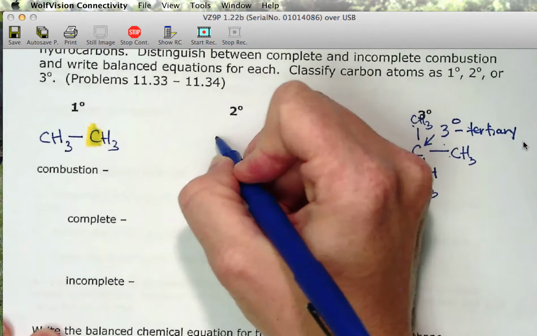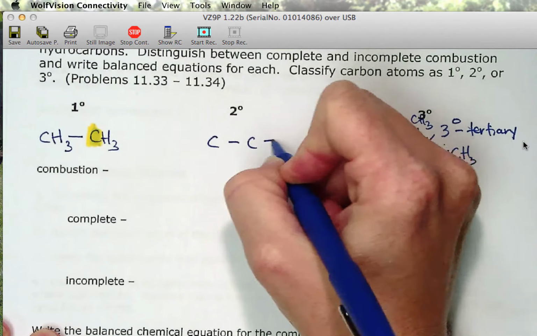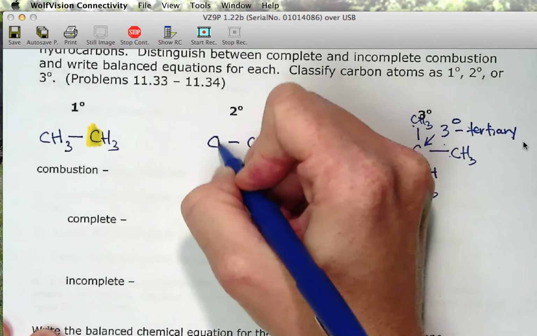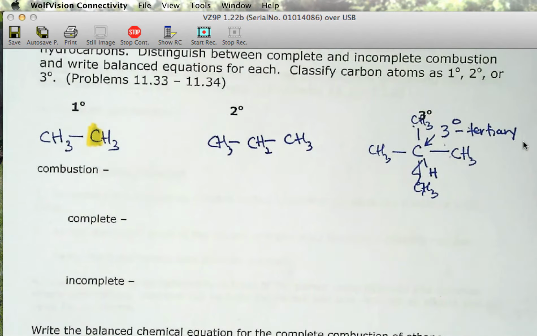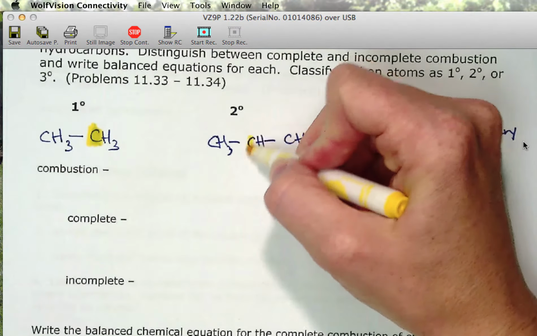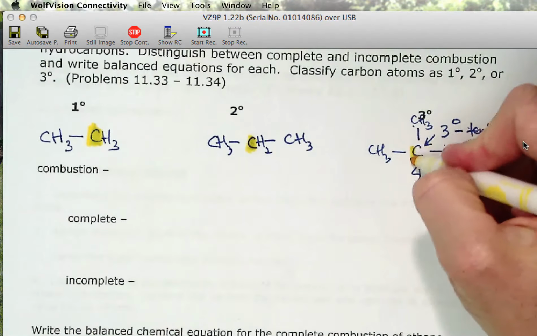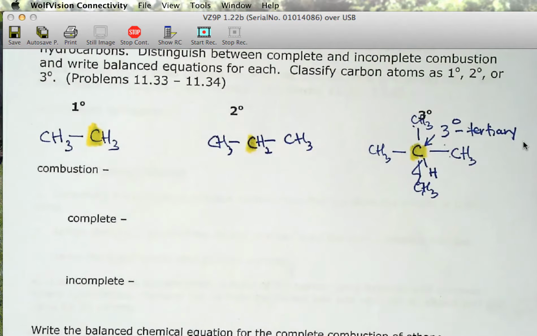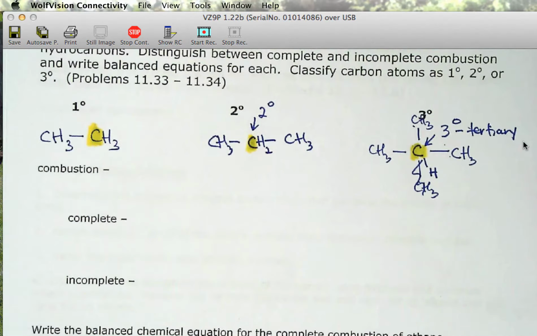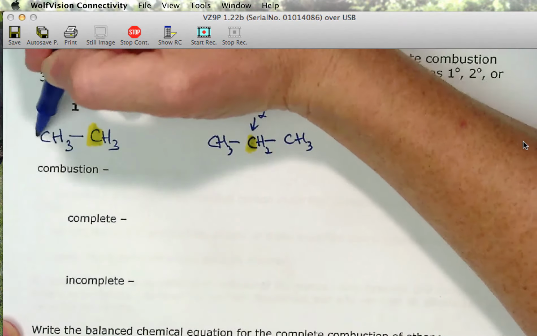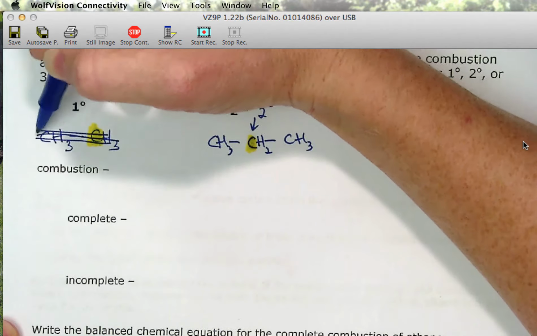Secondary, you have a carbon that looks like this. So this carbon right here is secondary. And you can see why it's secondary, because it's bonded to 2 other groups that are not hydrogens. I'm going to draw a line through this one.